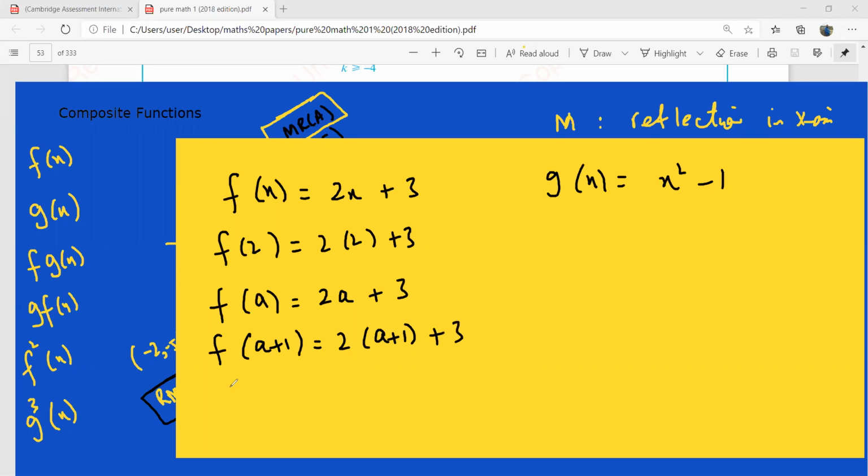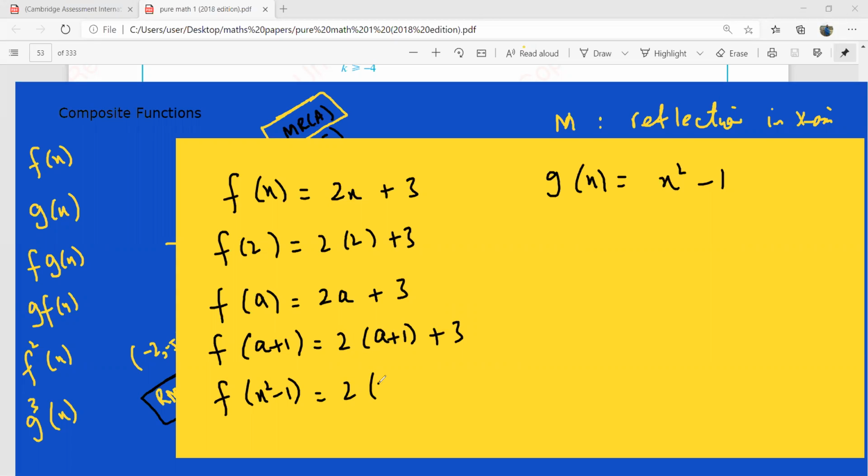Now similarly, you can be asked to find f of x squared minus 1. When it was f of 2, you replaced your x with the 2. When it was f of a, you replaced your x with the a. In f of a plus 1, you replaced your x with a plus 1. And when this is f of x squared minus 1, you will replace your x with x squared minus 1.